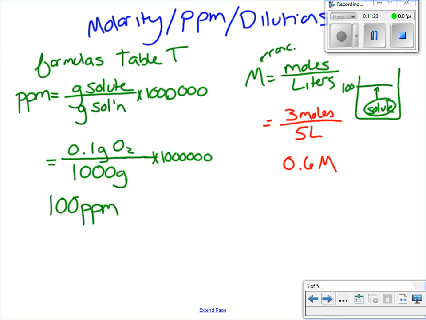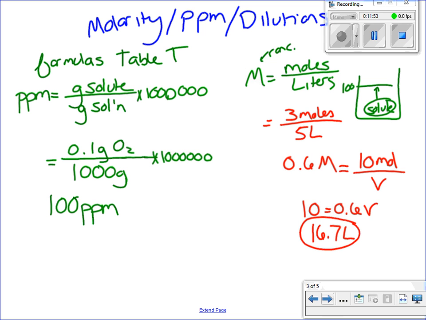If I have a 0.6 molar solution and I want to know how many liters are going to have 10 moles, here, cross multiply. So many kids struggle with solving for this on the bottom, okay? I know we hate algebra, but cross multiply here. So you get 10 equals 0.6V. And then you do 10 divided by 0.6, not the other way around, and you get 16.7 liters, okay? Molarity, liters matter. Must be liters.